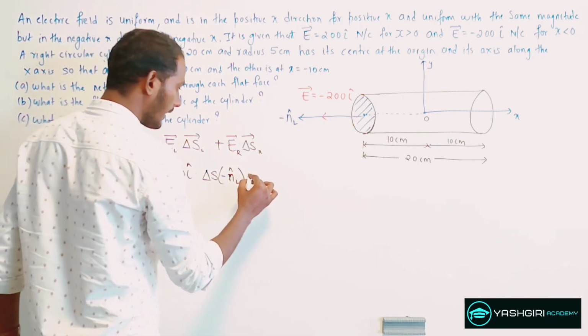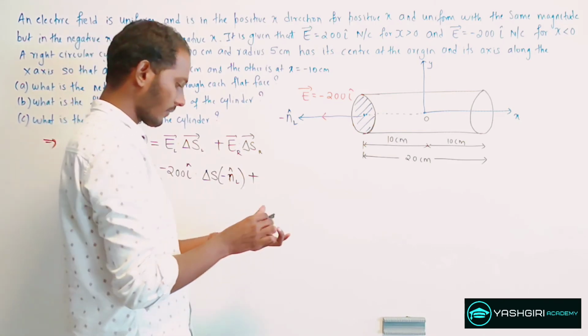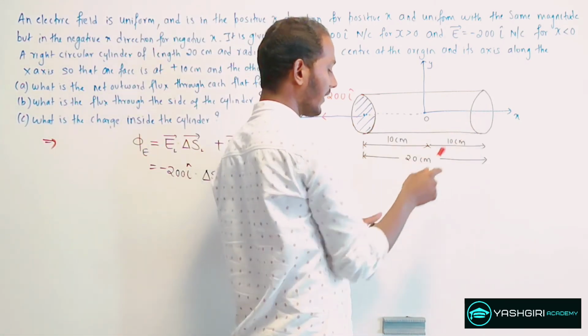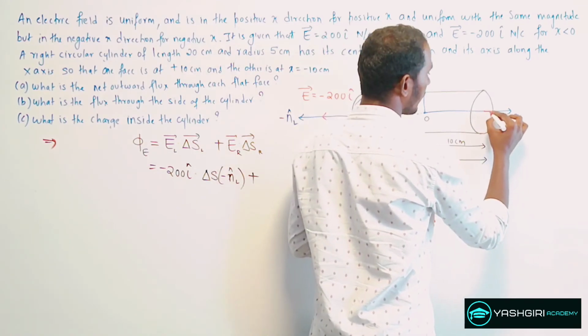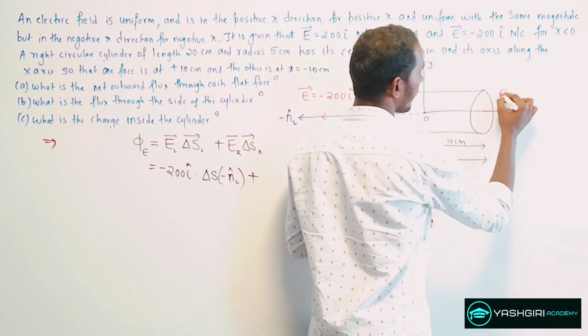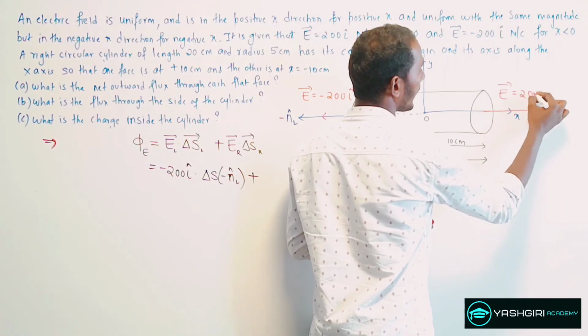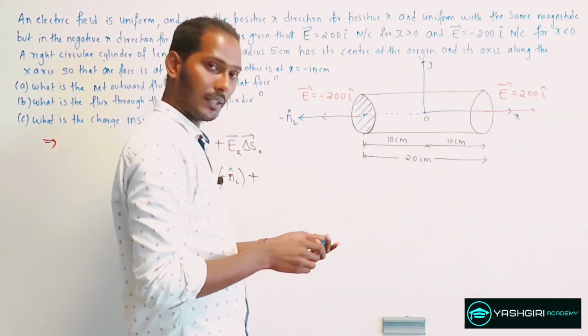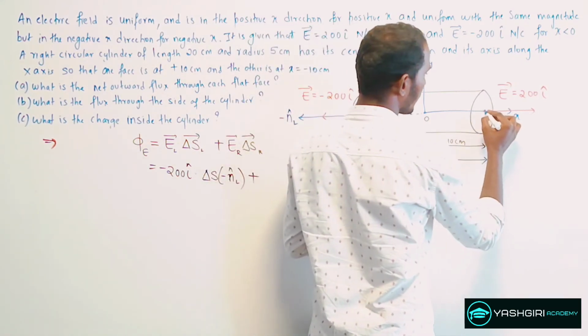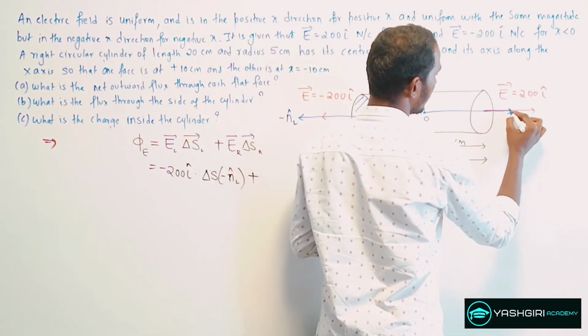In the same way, I can have a term for the right face. Here in this case, the electric field is E equal to 200 i cap, which is along the positive direction, and the unit vector of this surface is also pointing towards this.